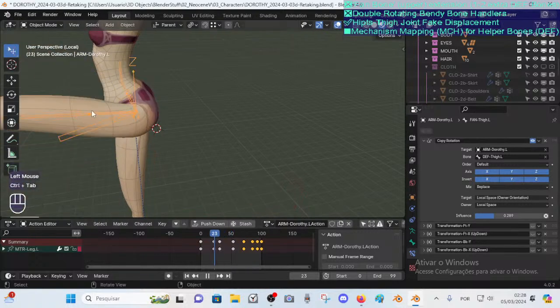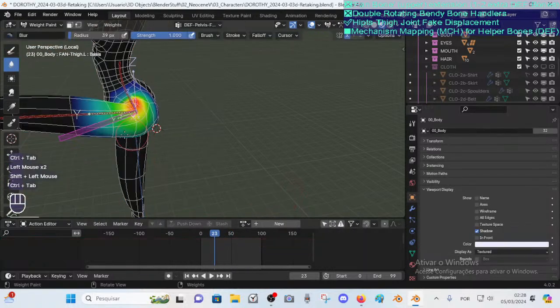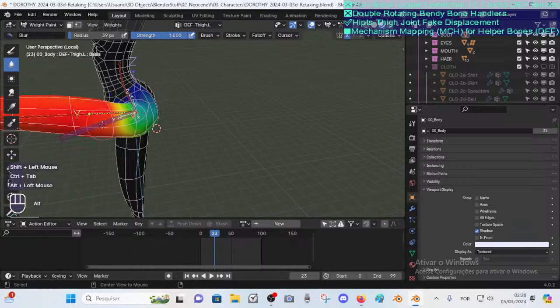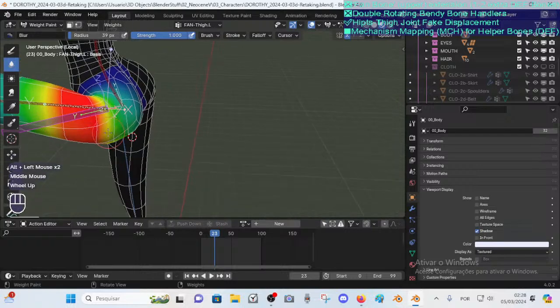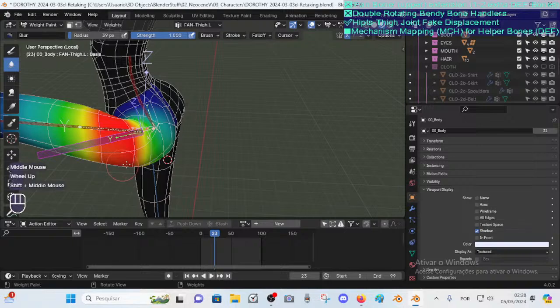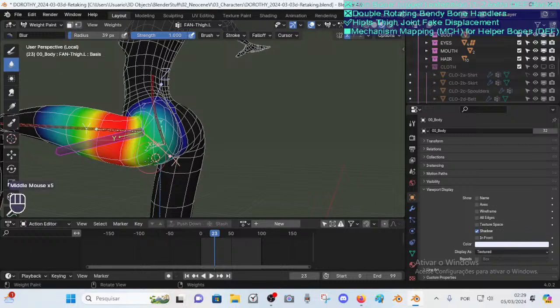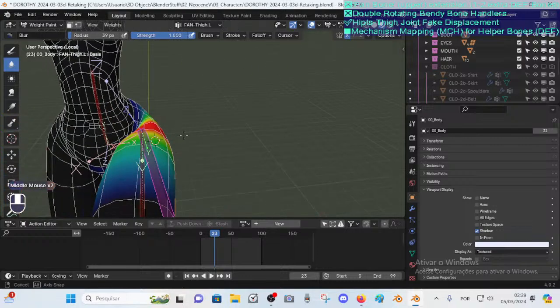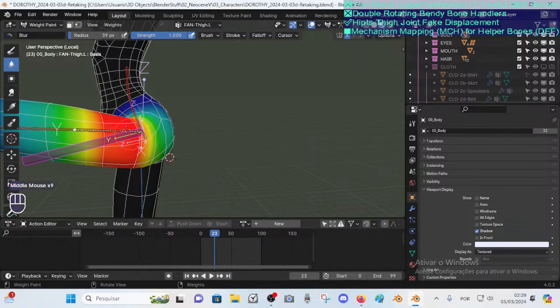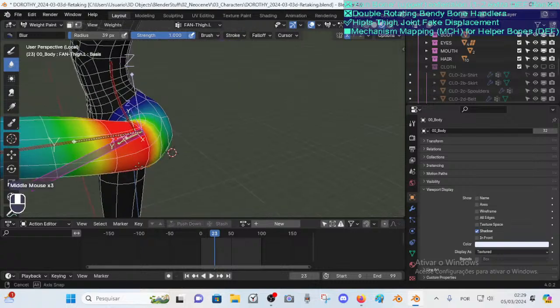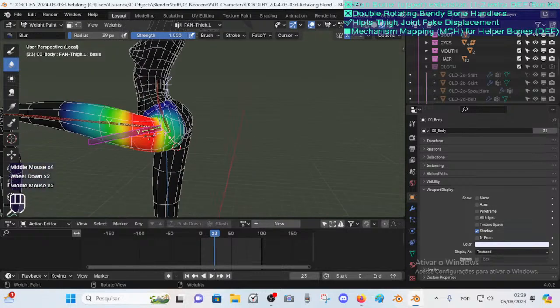And then of course there's the weight painting, because both the thigh bone and the fan bone are deform bones, but the fan bone focuses on the joint, avoiding the belly, avoiding the buttocks, although there's some here. It's really focused on the volume loss, the horrid artifacts that may occur somewhere around the thigh.